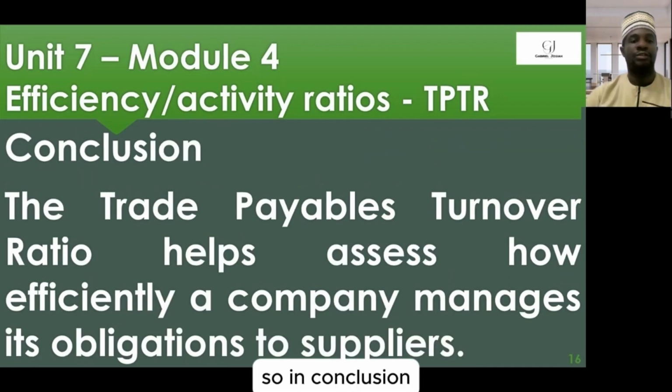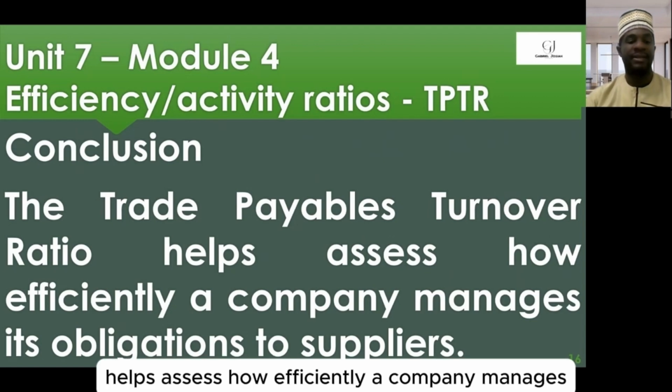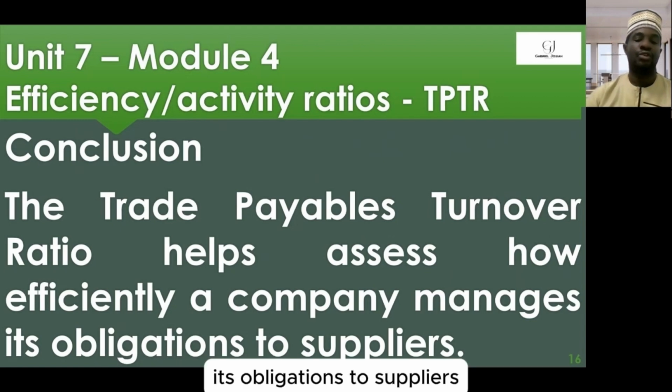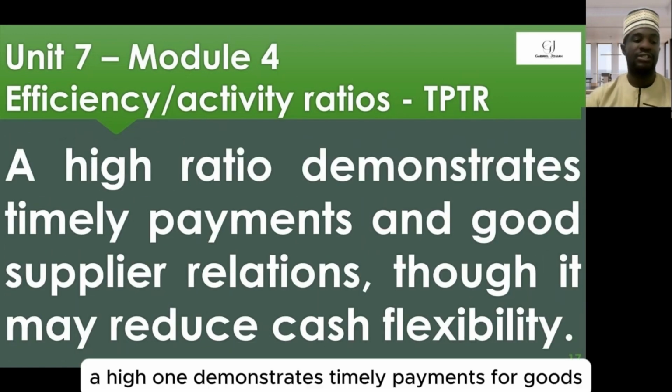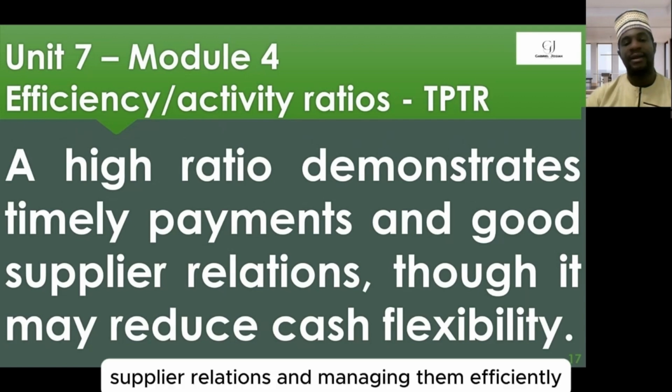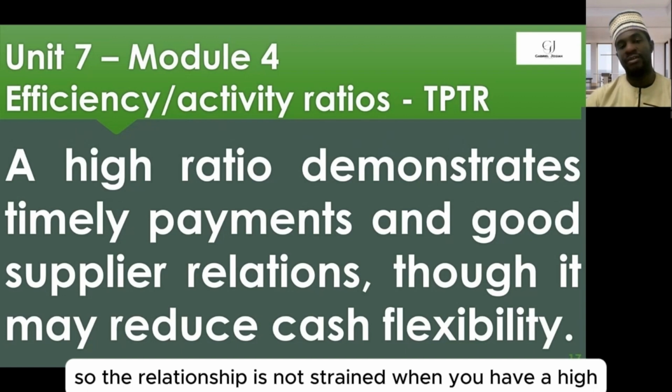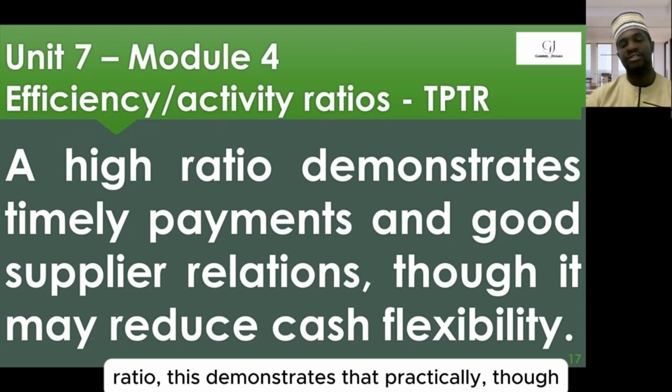So in conclusion, this ratio helps assess how efficiently a company manages its obligations to suppliers. The high one demonstrates timely payments for goods and suppliers, and managing them efficiently. So the relationship is not strained when you have a high ratio. This demonstrates that practically.